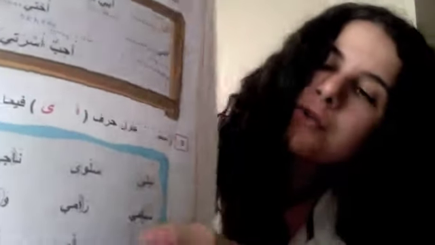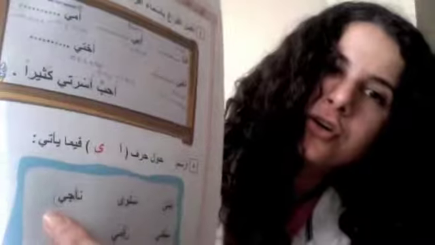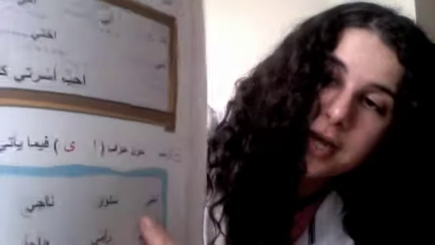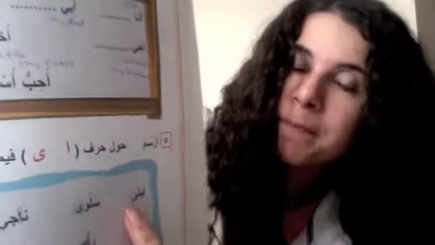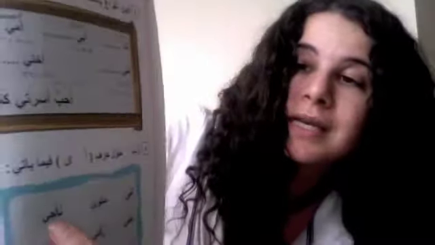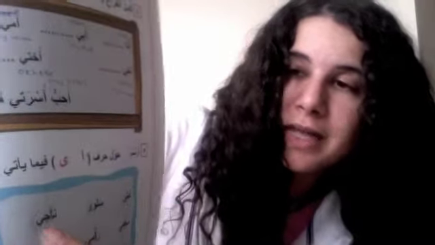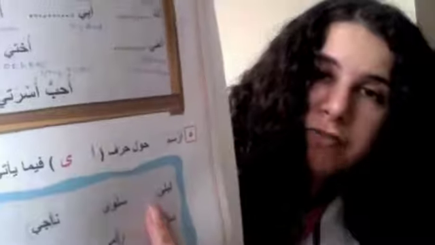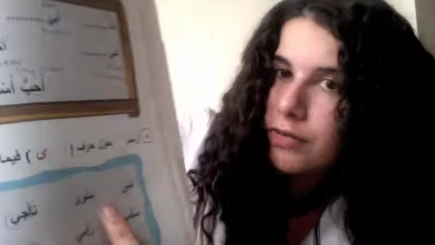Now here's the thing. For these two, you probably circled or wanted to circle the last letter, which looks just like the alif maksura, but it's not an alif maksura. That letter is the last letter of the alphabet. How do we know the difference?